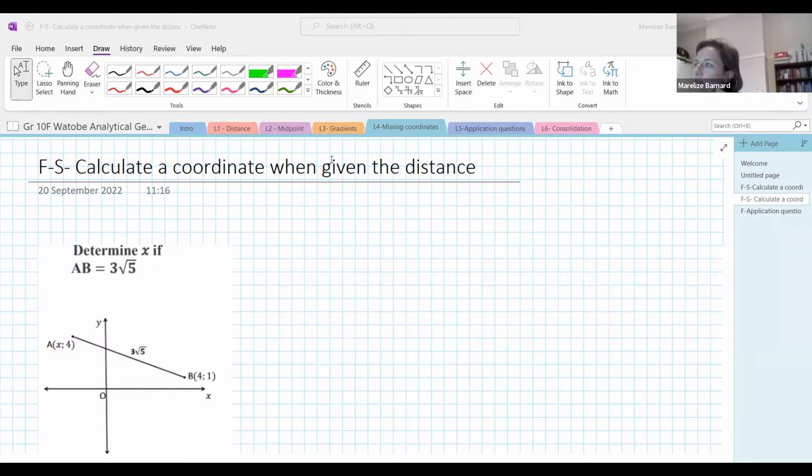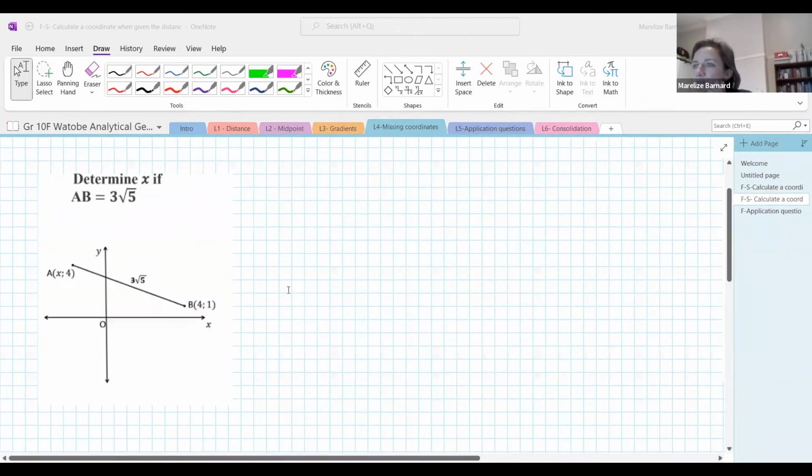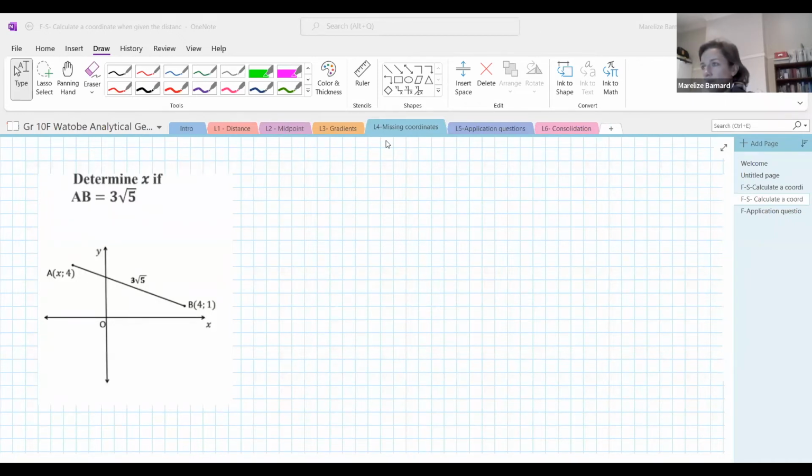Post your reading glasses once you've had a look at the question, and like last time, let's hear some plans. How will we do this? How will we solve this question? Come Chantal, we are not scared.